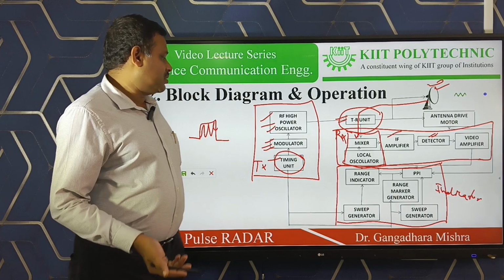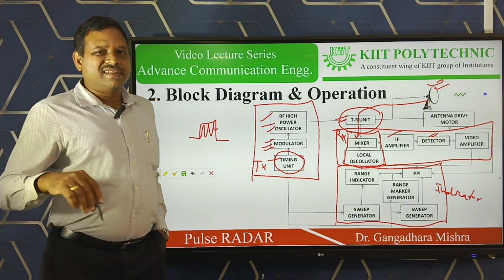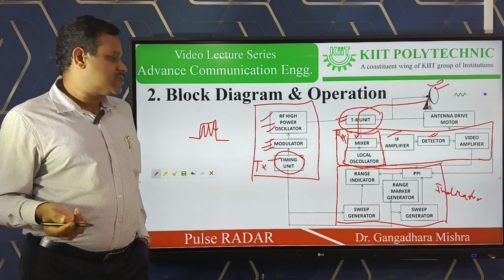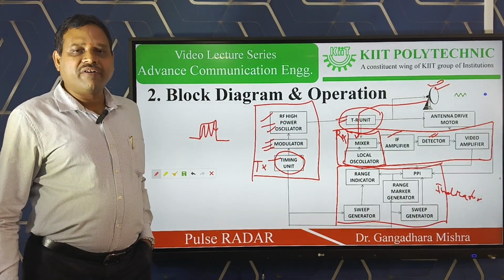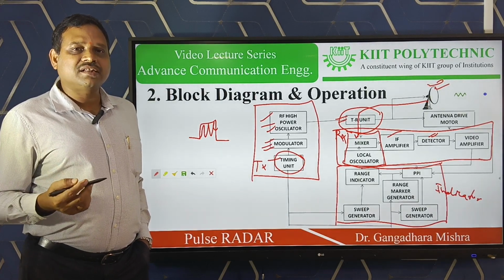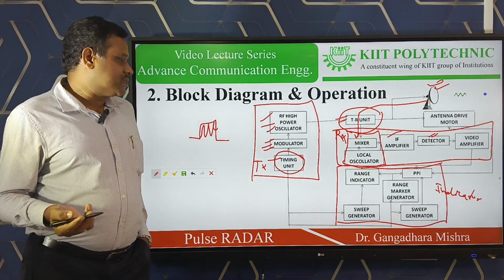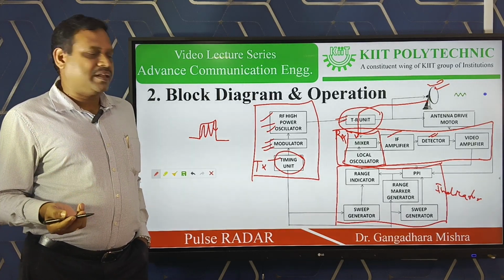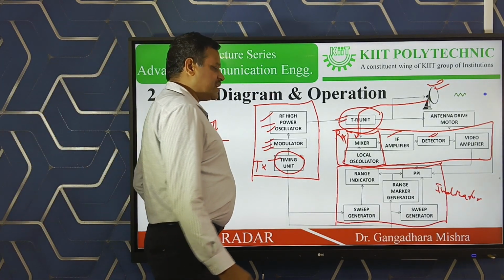That timing unit signal is a rectangular pulse. We need a sawtooth pulse to operate our indicators, because the sweep generated in the indicators requires the sawtooth pulse. That conversion from rectangular to sawtooth pulse is done by the sweep generators.